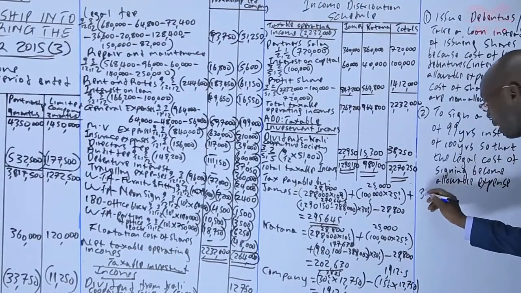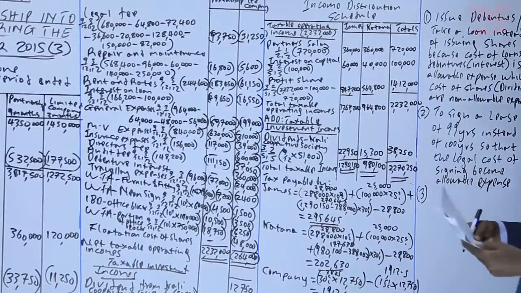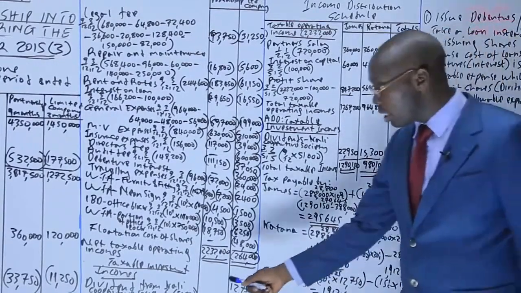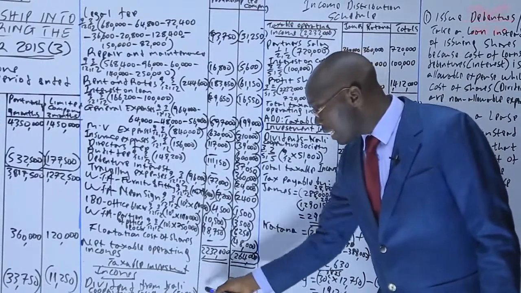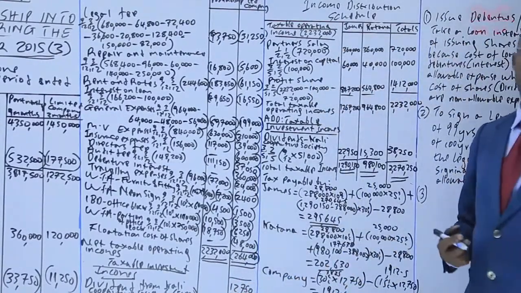And now the last one. We had seen that they had joined a cooperative society whose withholding tax on the dividend they get is not final.